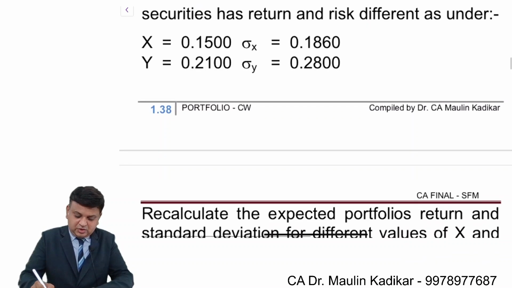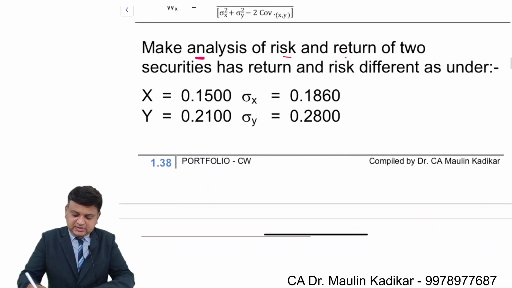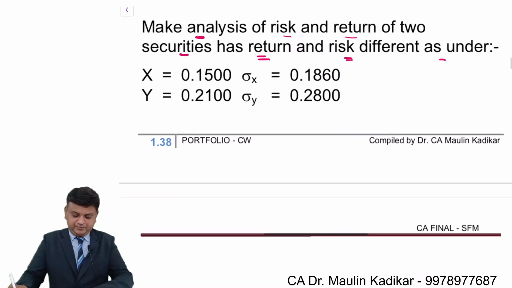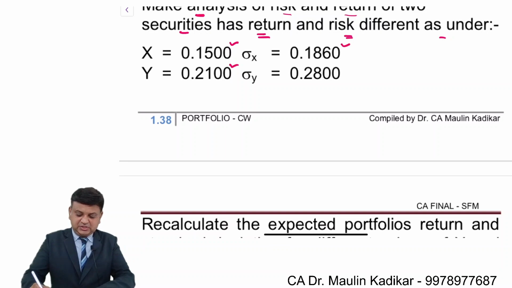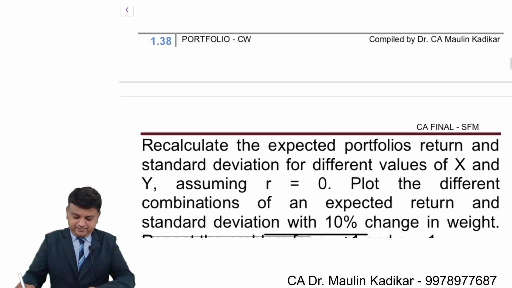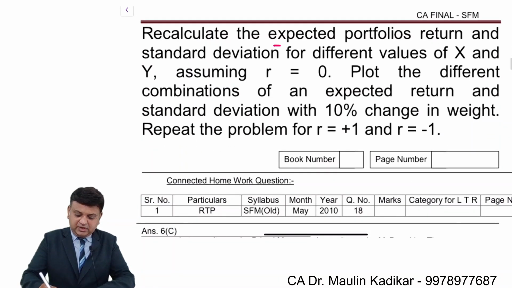Make an analysis of risk and return of two securities that have returns and risks different as under. Returns information has been given for X and Y. Standard deviation is given for X and Y. Recalculate the expected portfolio return and standard deviation for different values of X and Y, assuming R is equal to 0.